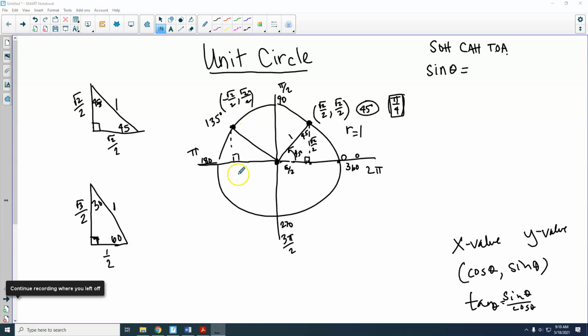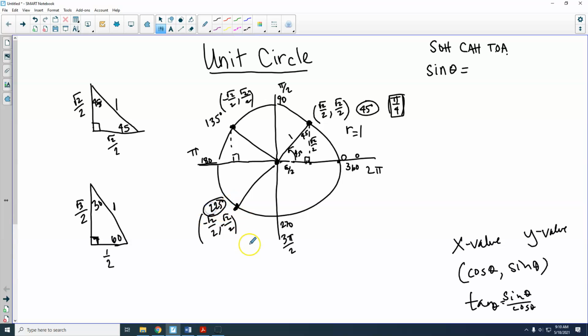And then I could also reflect that same point down across the x-axis. And so I know that the coordinates of this point then are the same as these. Just if I'm down in this coordinate, I know the x and the y are both going to be negative. So also the degrees of this would be 180 plus 45 more, right? So about 225, or not about, but exactly 225 degrees.